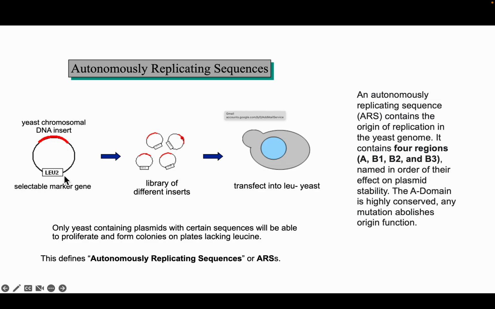This is a selectable marker gene. Then it will be amplified and a library of different inserts will be there in the library. So you can see what an autonomously replicating sequence is. An autonomously replicating sequence contains the origin of replication in the yeast genome. And also for additional information, it contains 4 regions.